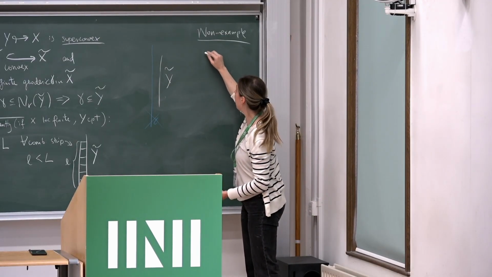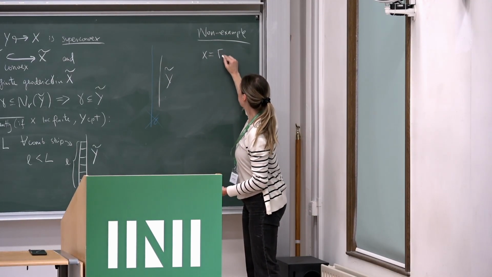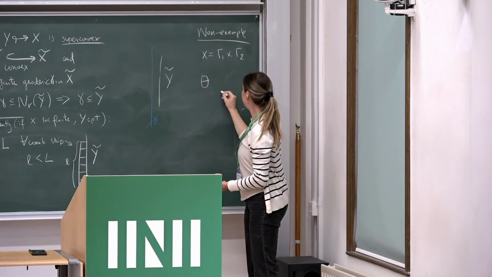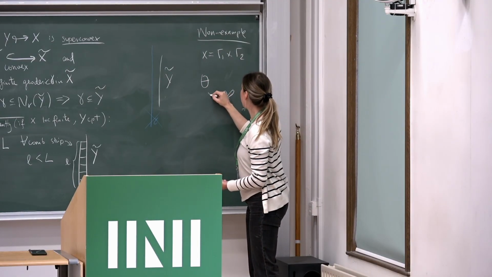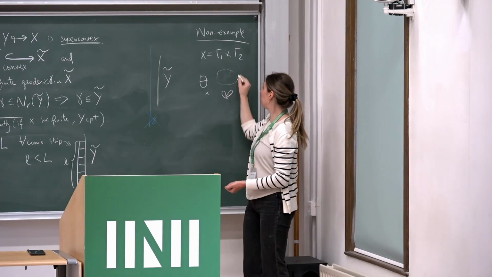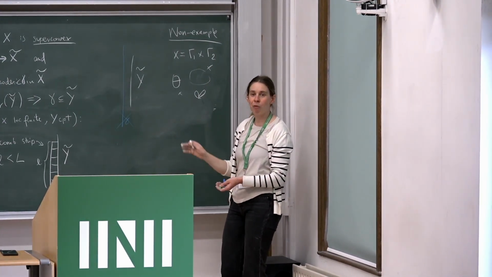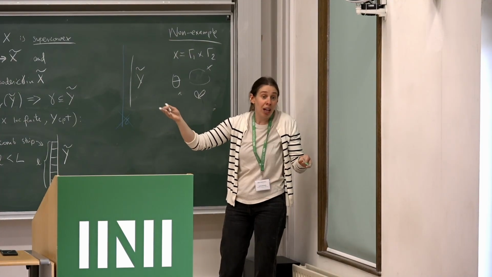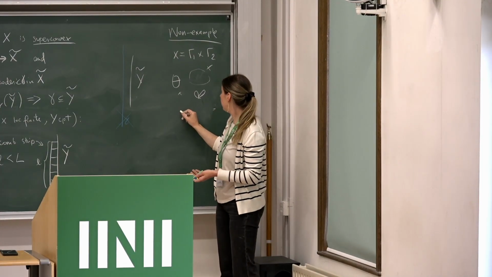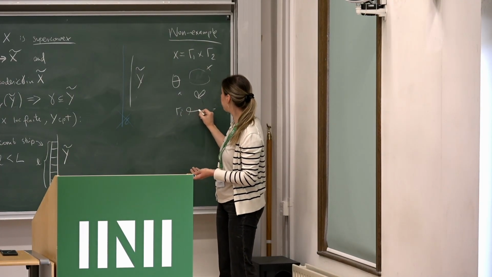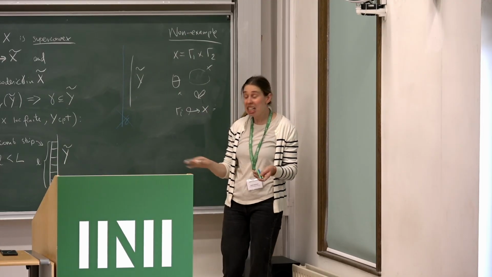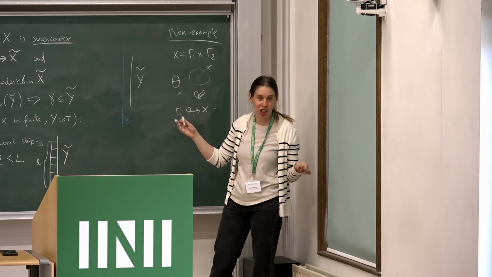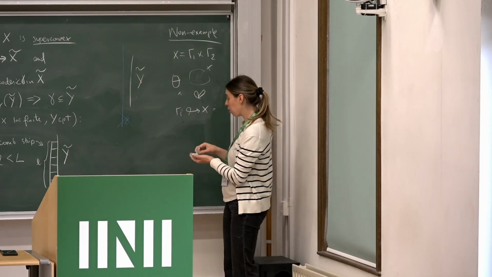If I take X, which is a product of two graphs, so this is one graph and this is the other, and I take the product, then each of those graphs maps via local isometry to X. So gamma maps via local isometry to X, and it's a graph, so in particular it is a pseudograph. Pseudograph is just a generalization of the notion of a graph. But it is not superconvex.